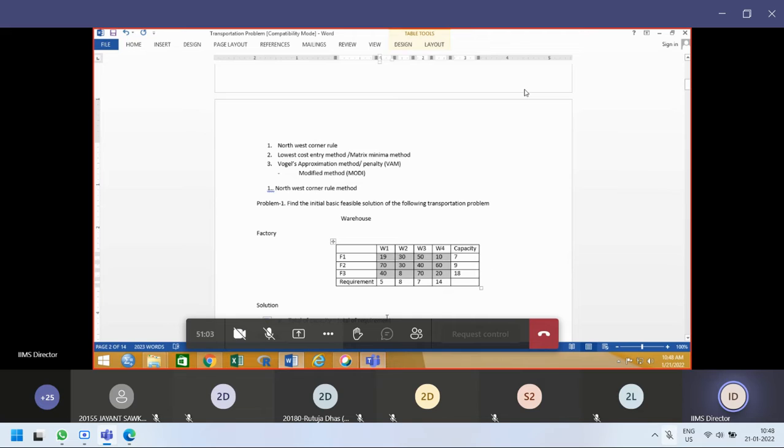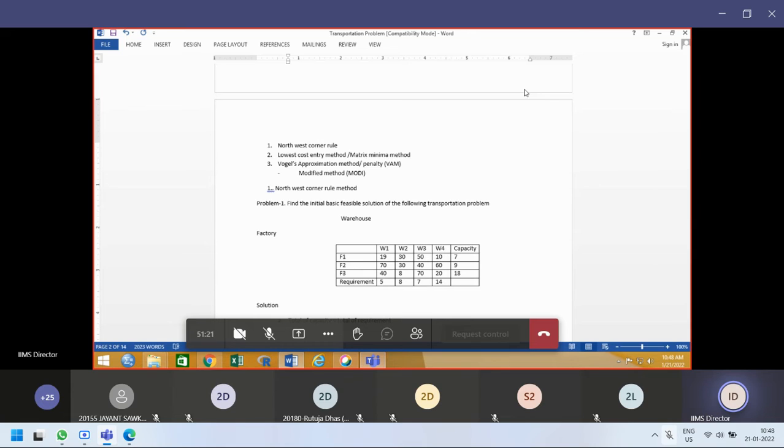Okay. Now here the first constraint, like in an assignment problem, in transportation problem has to be considered: whether total of capacity is equal to total of requirement. Work out total.